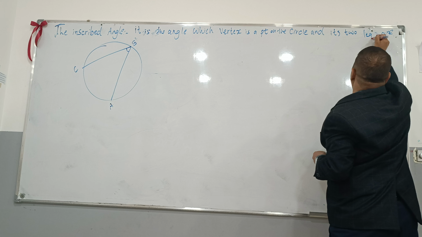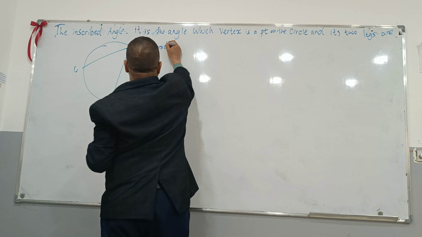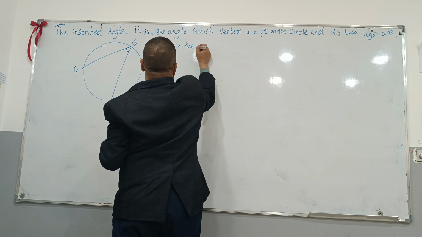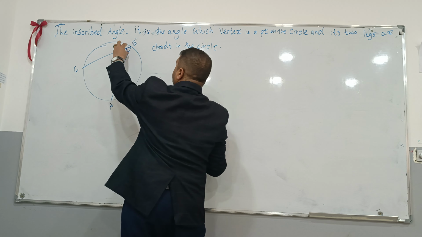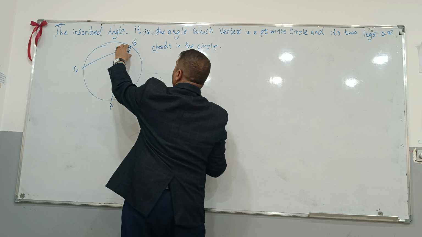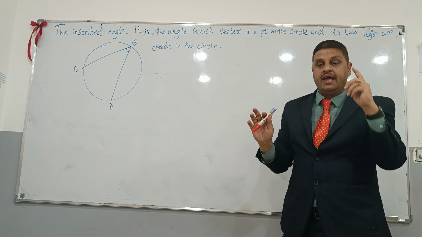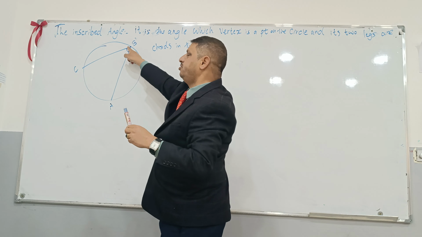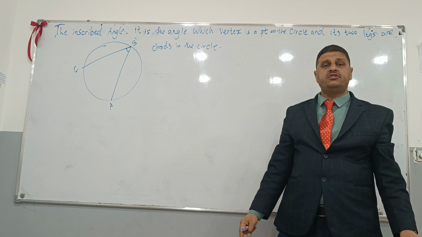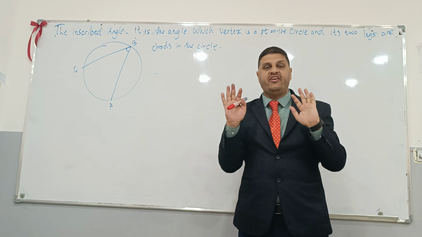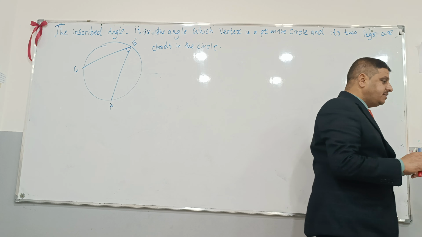Let's call them legs. They are chords in the circle. It is an angle whose head is a point on the circle, and its two legs are chords in the circle. Do not ever forget the definition of the inscribed angle.